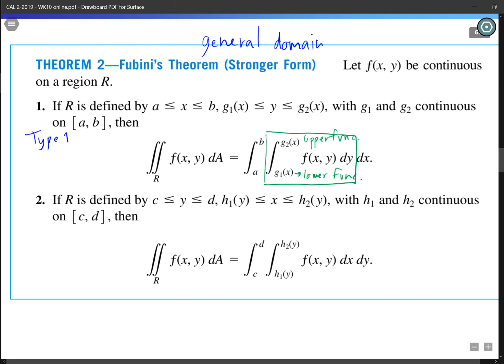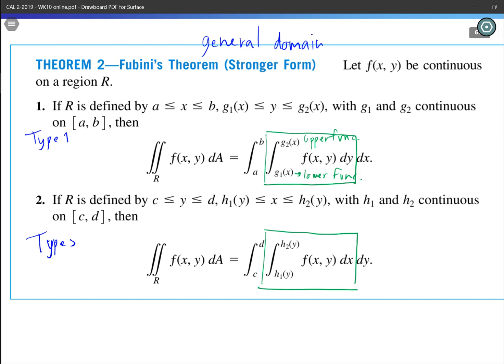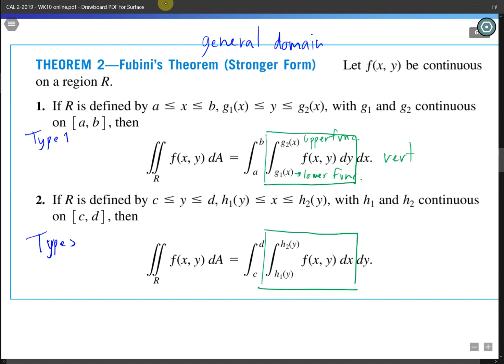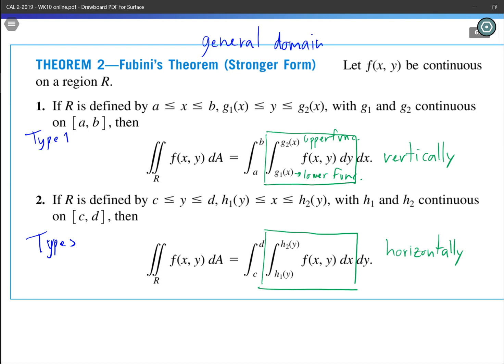Now we have type 1, and we also have type 2. Type 2 is different in the way that we are going to sweep the x variable first, sweeping along the x-axis. This is sweeping horizontally. Up here it is vertically, and down here it is horizontally. Sweeping horizontally, it has to start from the left hand side and end at the right hand side.